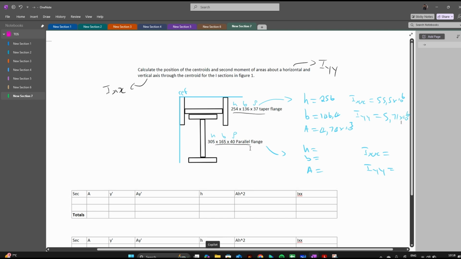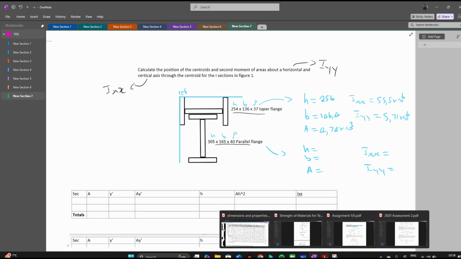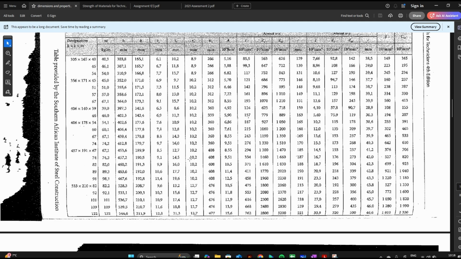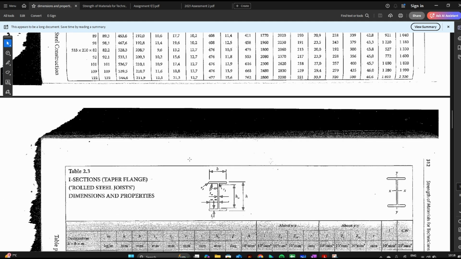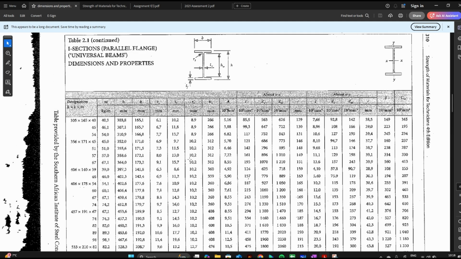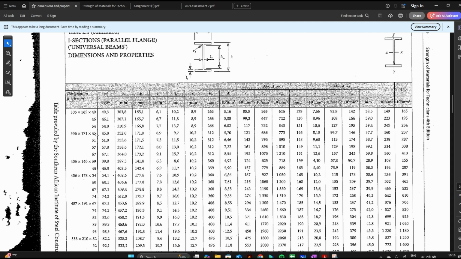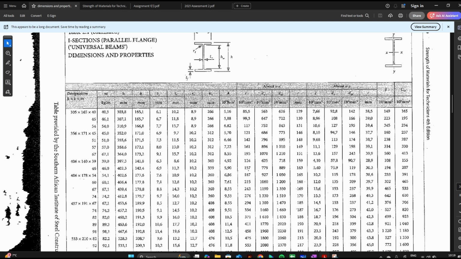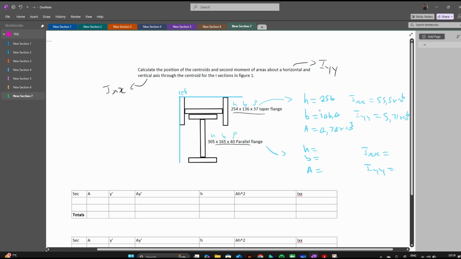And then for our other parallel flange, I think these are swapped. We have a 305 by 165 by 40. Let me check. 305 by 165 by 40. And then our H is 303.8.